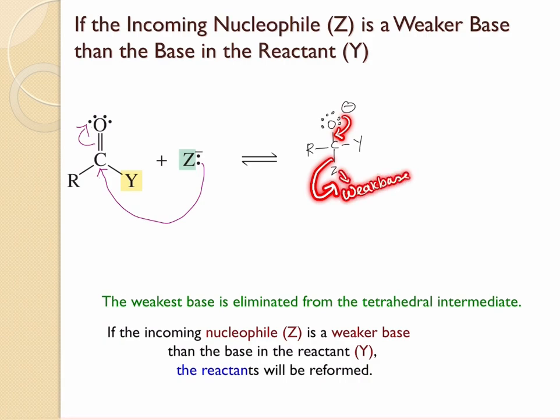Z is the weak base here and Y is the strong base, and therefore Y is not ready to leave. So this is a good leaving group. When we do that, let's see what product we get. Obviously, it is going to be our starting material. So this is basically the starting material.